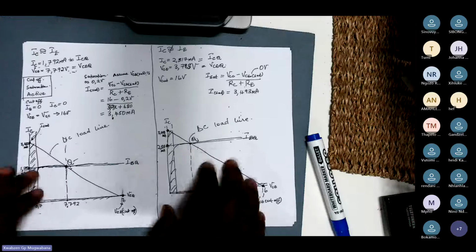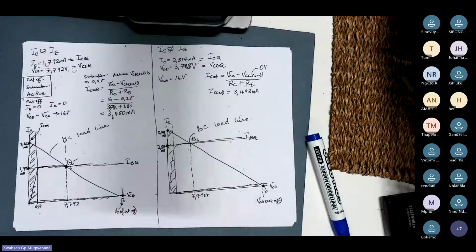You're not talking about the graph again, you're talking about the calculations. Yes, I'm talking about the calculation. So after the calculations, we need to do the graph for that particular condition.